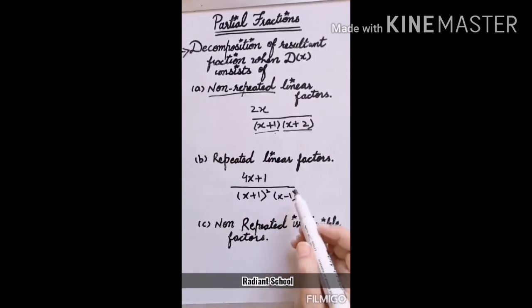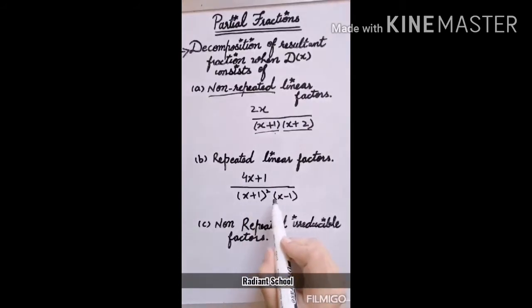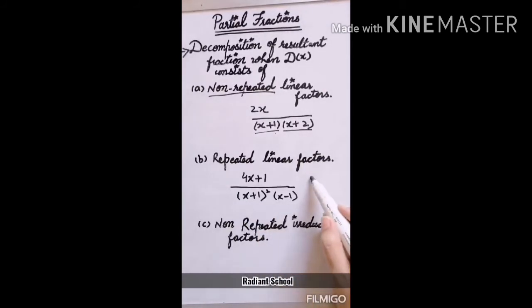Okay students, for example, if you have a fraction of this type, in the denominator, (x plus 1) whole square means that x plus 1 comes 2 times, we can write it as (x plus 1)(x plus 1).